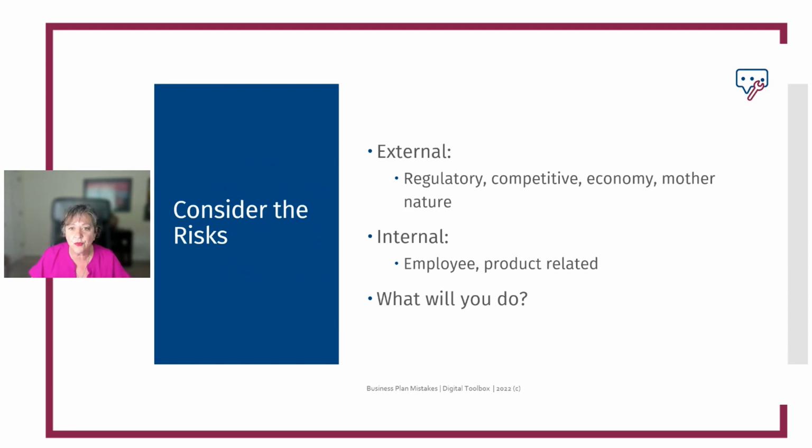How are you going to address external issues? How are you going to react if the economy crashes and burns, if there's a pandemic, if there's a hurricane, if there are regulatory issues? How are you going to keep the business rolling if there's a product failure, if a key employee leaves? What could go wrong, and what will you do if that does?